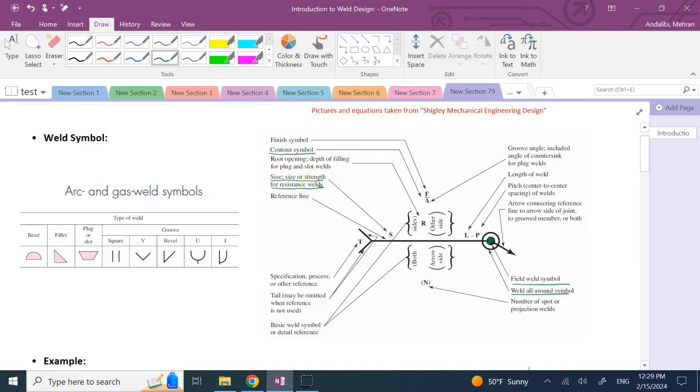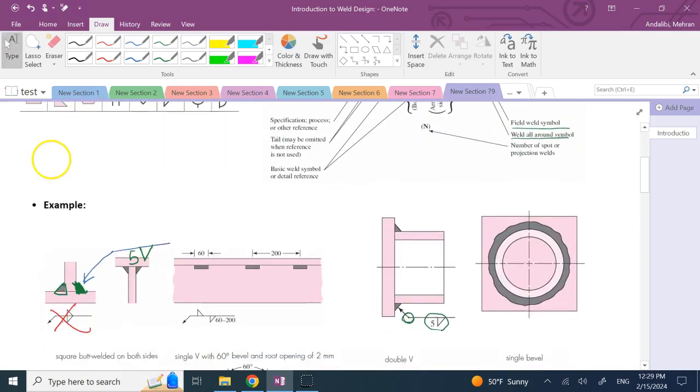Those are the major things that go here. The size and the contour symbol typically are the most important ones. So you can see here, this is the contour symbol, and here, this number 5 is the size. So what does that mean?